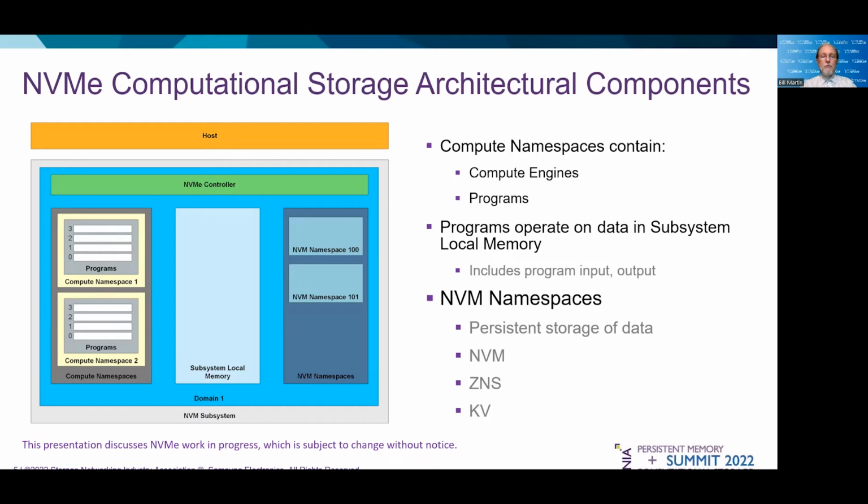They may be zoned namespaces, which is zoned storage, or they may be key value namespaces. There is nothing that precludes or prevents any of these three defined types of persistent storage namespaces from being used in conjunction with the compute.